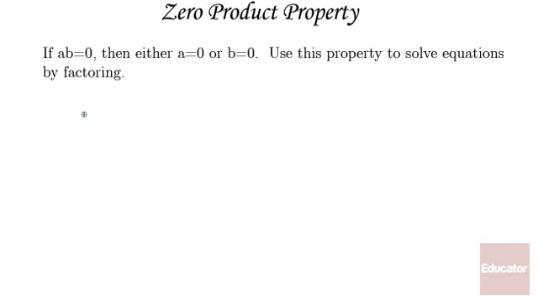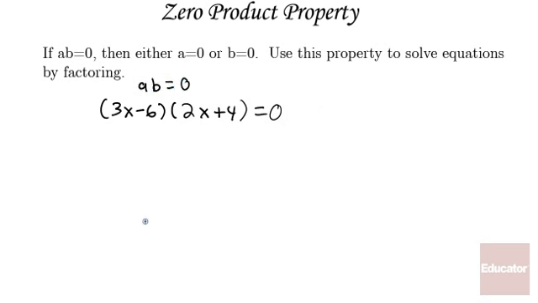For example, let's say that I was given an equation and I already factored it out, and I came up with this. So I was given an equation and I went ahead and did the factoring. And I have it in this form where it's equal to 0, where the product is equal to 0. Well, I know that this is analogous to AB equals 0.